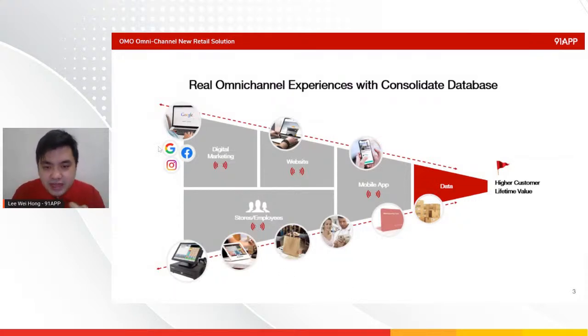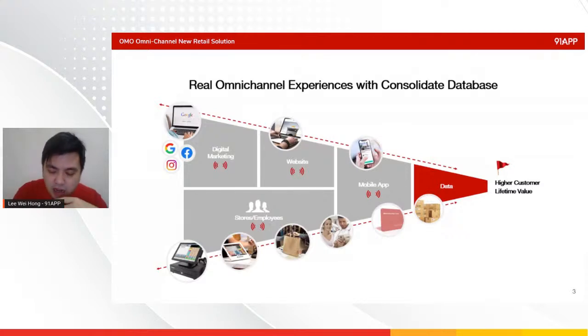So regardless of whether your client comes through your offline stores or you recruit them through digital marketing channels, they come to your website, they download your apps, whatsoever, at the end of the day what you want is the data, because with data you can improve the overall customer lifetime value.